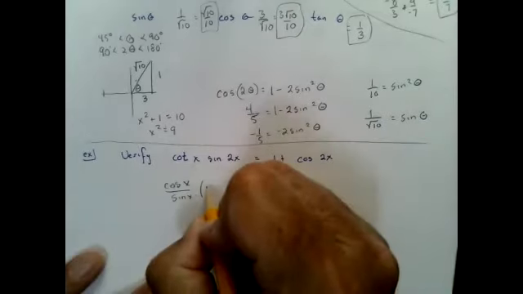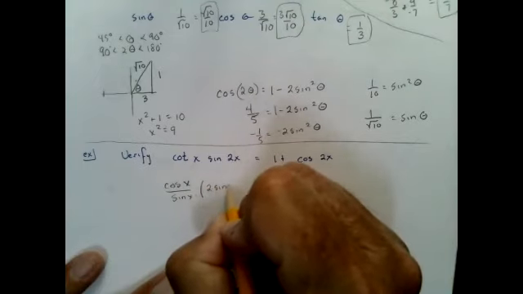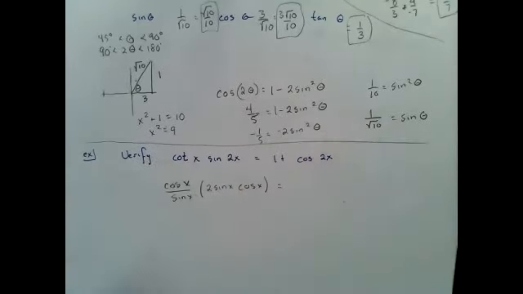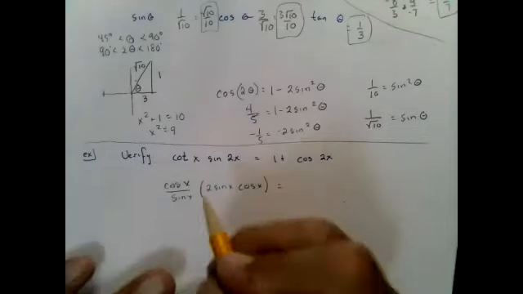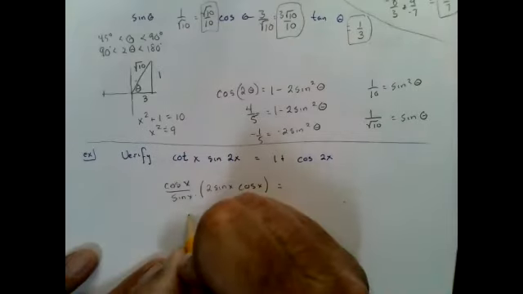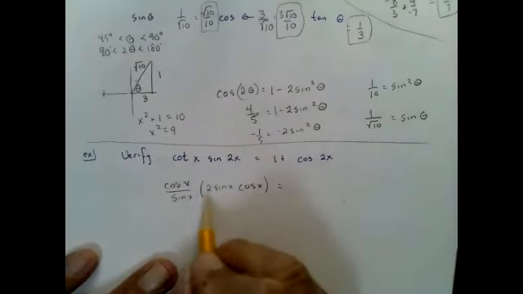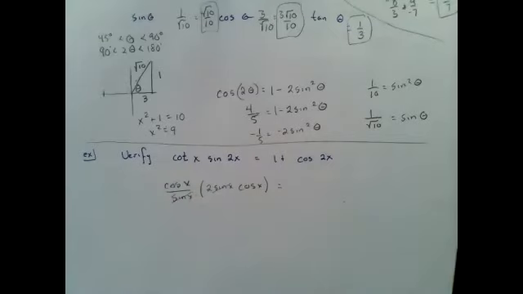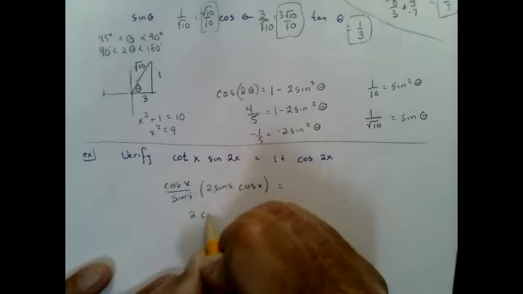Sine of 2X is 2 sine X cosine X. If I clean that up a little bit, what does it look like I'm left with? Cosine squared X over sine X, these cancel. So then just 2 cosine squared X.